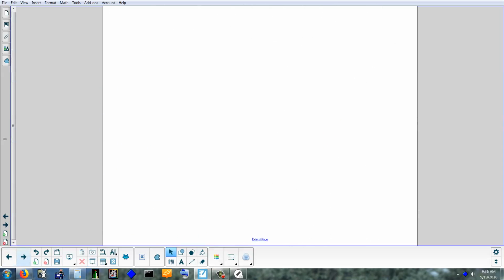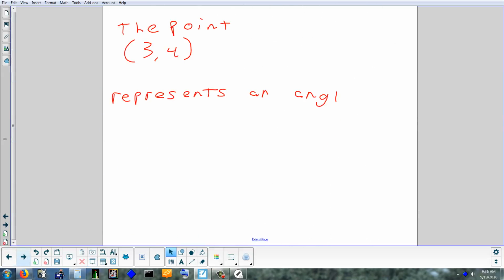So let's try. All right, let's say you had the point. I'll write it out the way it would be written. So the point 3, 4 represents an angle on a circle. So somebody drew a circle, they put a dot, and they said, here's the location of the dot, 3, 4.